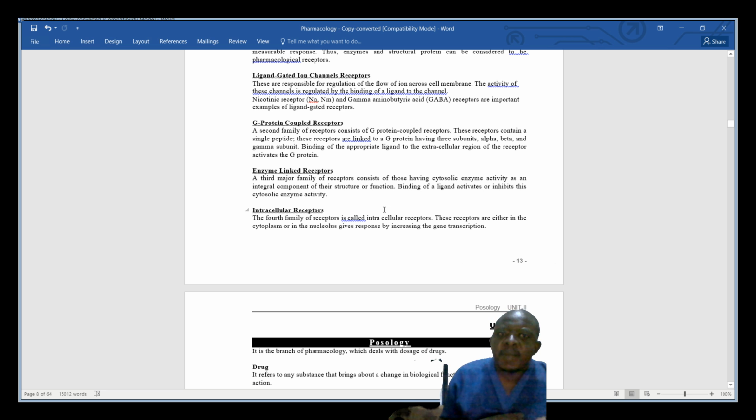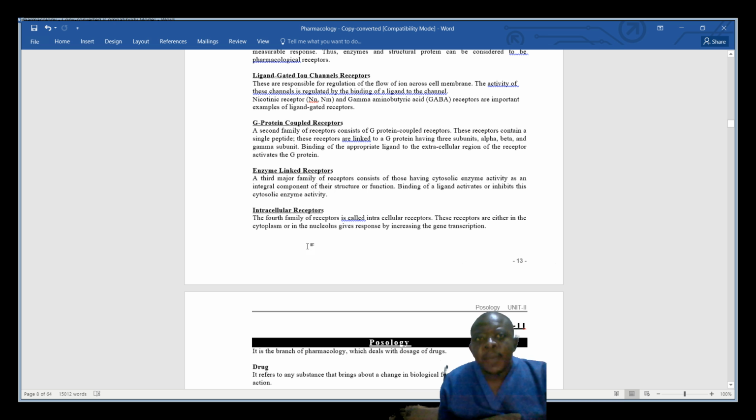So enzyme linked receptors consist of those having cytosolic enzyme activity as an integral component of their structure or function. So the binding of a ligand activates or inhibits this cytosolic enzyme activity.